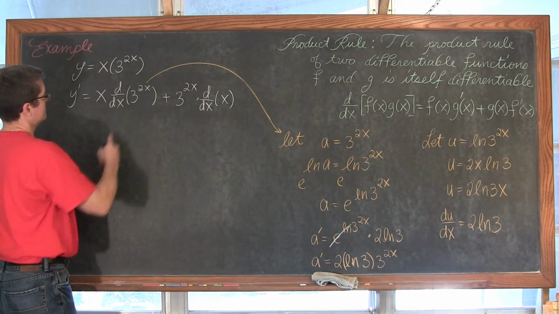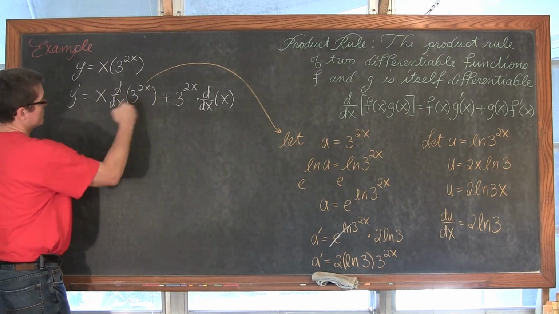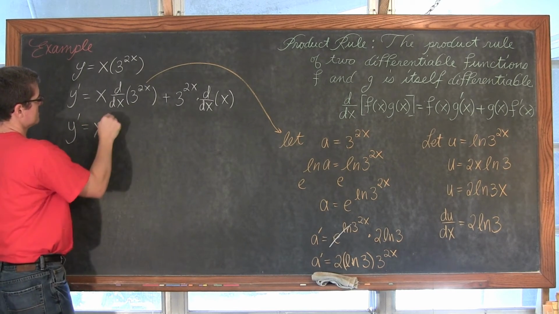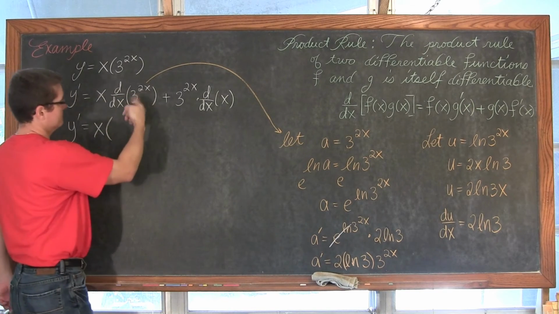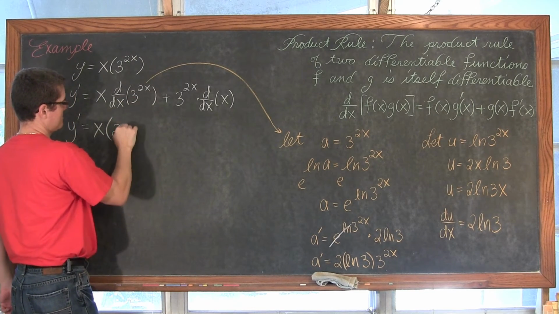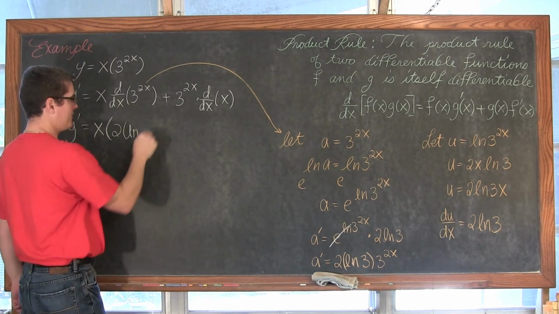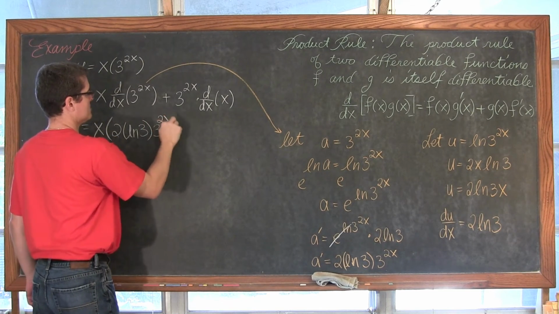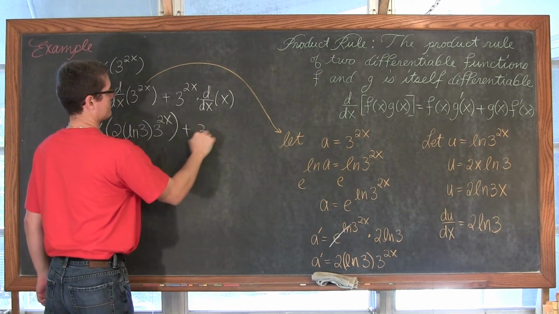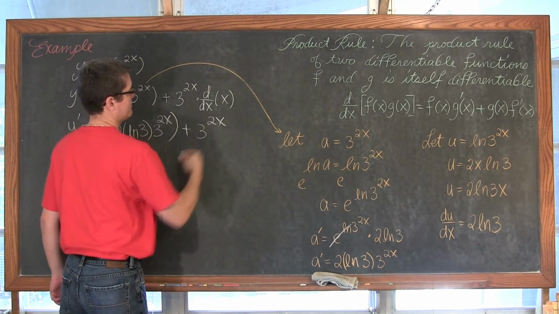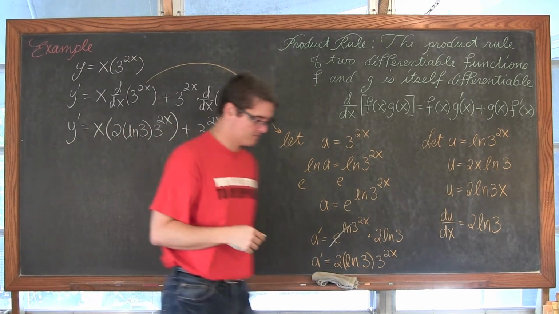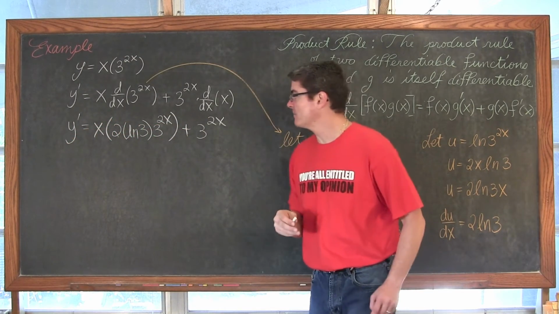So let's go ahead and replace that, or do that derivative with respect to x, which I just did. So we have x times, this here is going to be 2 times the natural log of 3 times 3 to the 2x power, plus 3 to the 2x power, and the derivative of x with respect to x is just 1, so it's just 3 to the 2x power.